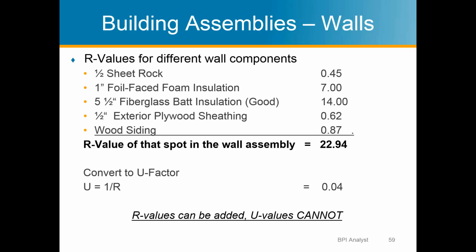And the other point to make is that that is only the R value of that point in the wall. We talked about the stud in the wall, the wood member that goes vertical in the wall. It has a different R value, so it would have 5.5 inches, so maybe that has an R value of about 6 right there.